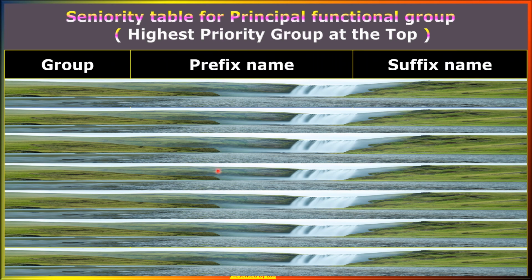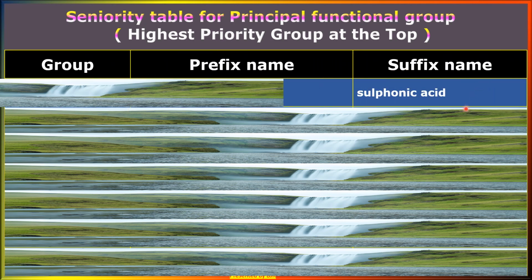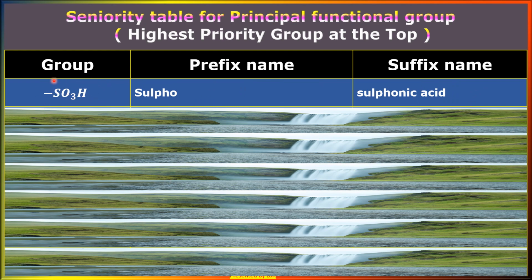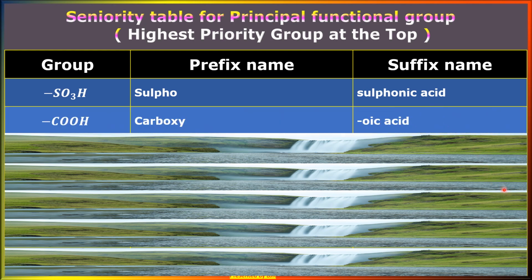See here: group, name of the group, prefix name, suffix name. SO3H, the name of the functional group is SO3H. If it is used as a prefix, the name of the prefix is sulfo. If this group is chosen as the principal functional group, at that time the suffix name is sulfonic acid.